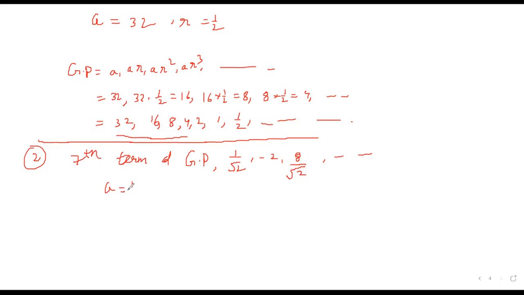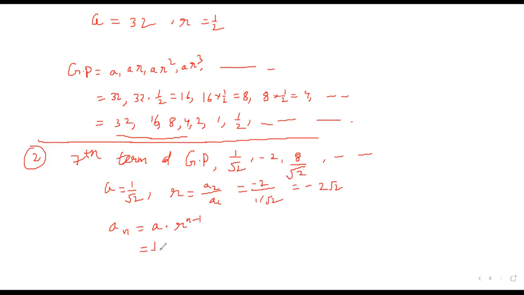Now A equals 1 by root 2. The common ratio is given by A2 by A1, that is the second term minus 2 upon the first term 1 by root 2, that is minus 2 root 2. Now we have to find the seventh term. First we write the formula for the nth term, which is an equals a into r to the power n minus 1.